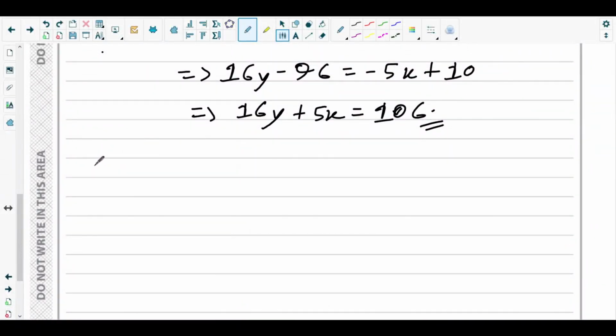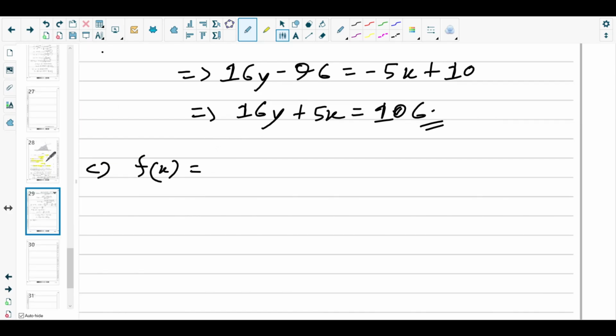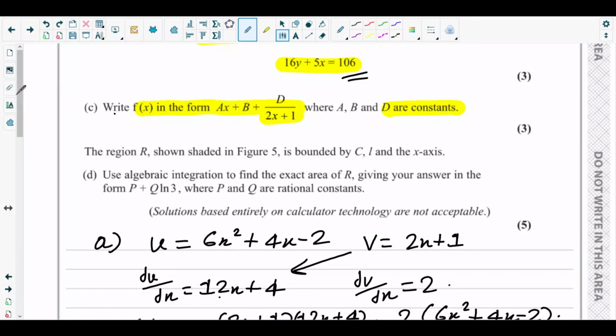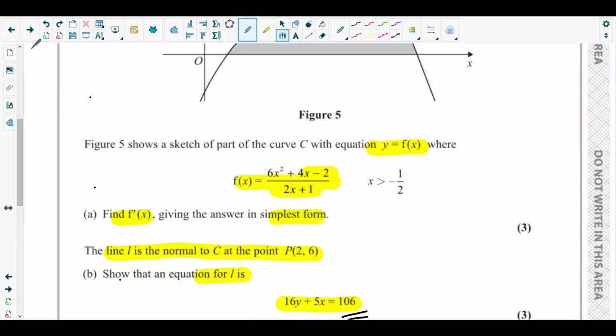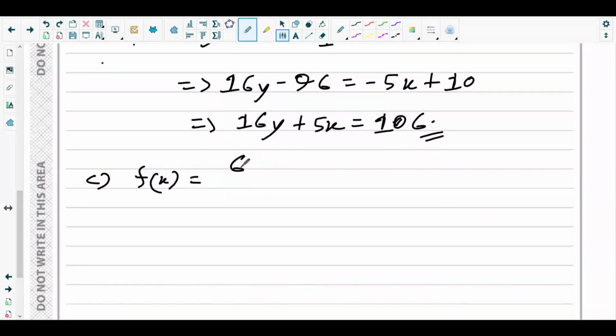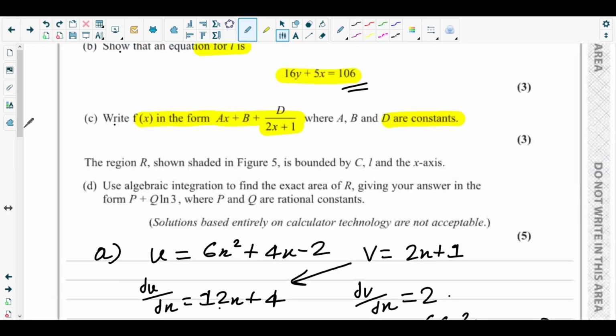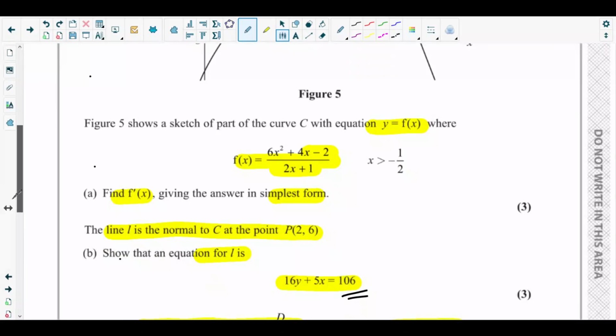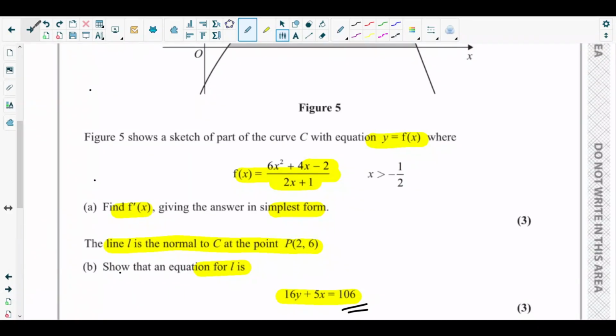Okay, so f of x, the equation for f of x is 6x squared plus 4x minus 2 over 2x plus 1.